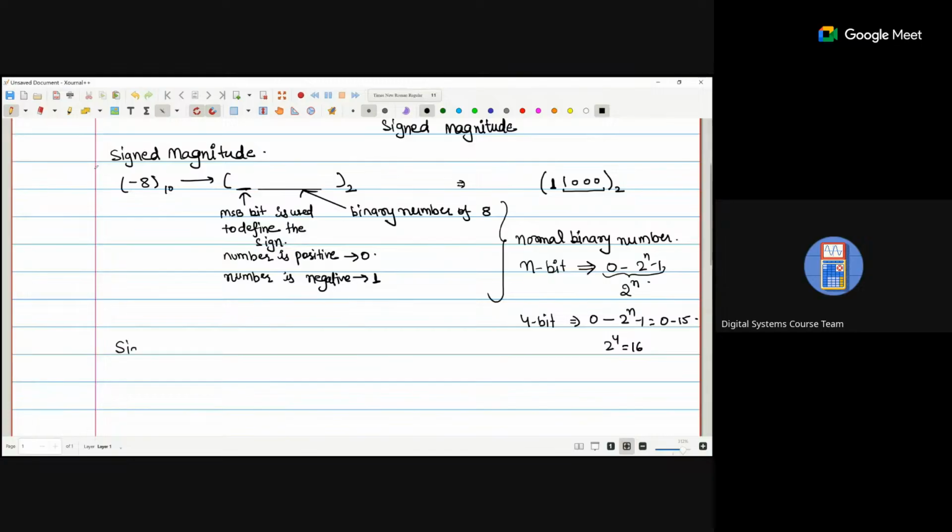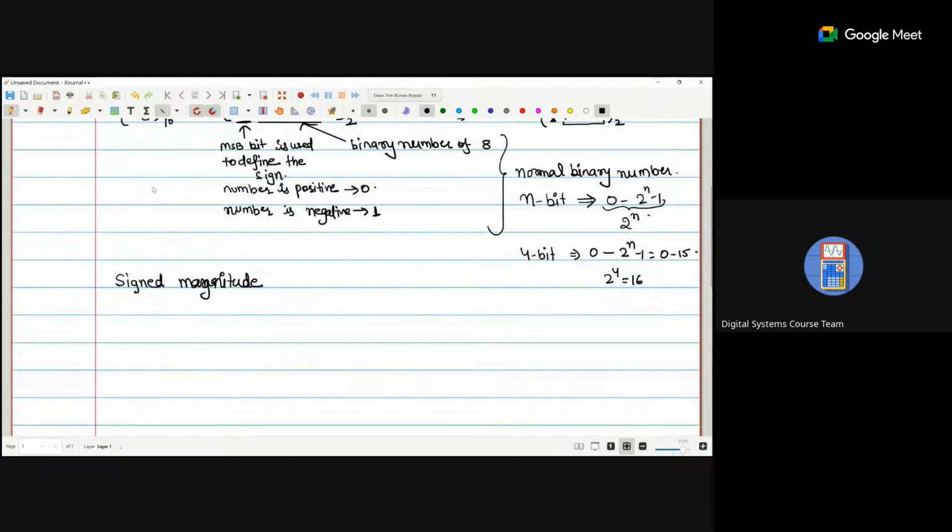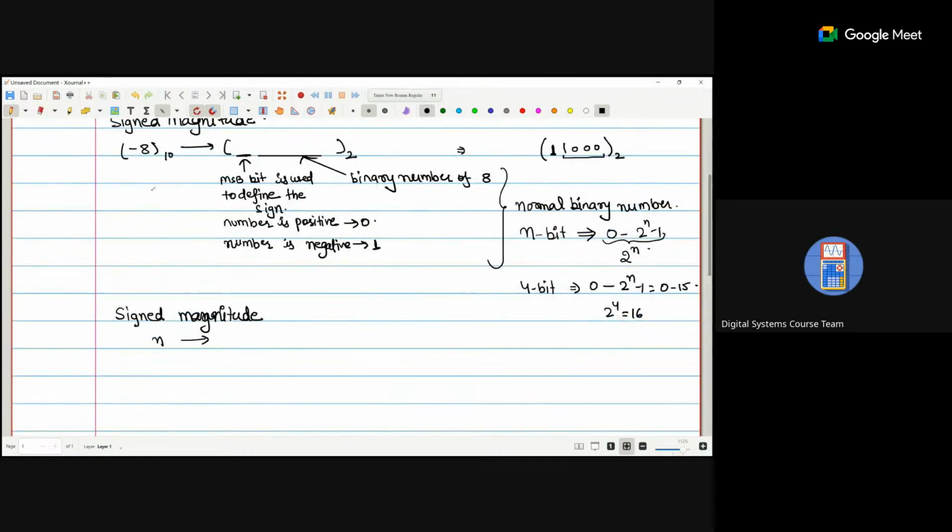But in the case of a signed magnitude number, for n bits my range should be minus of 2 raised to power n minus 1 minus 1 to plus 2 raised to power n minus 1 minus 1. For example, if minus 15 is defined, the sign bit is 1 because of the minus sign, and 15 is 1111.